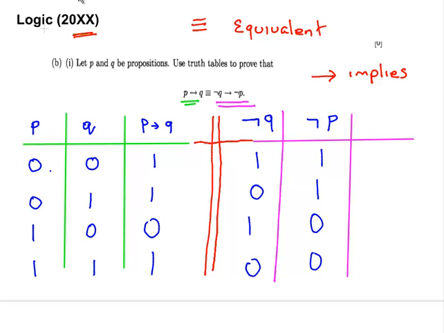So making them two separate tables is probably overstating it a bit, but just make it obvious that you're doing two different operations. Anyway, going back to what I was saying, not P and not Q.